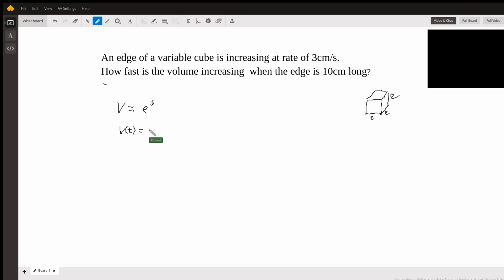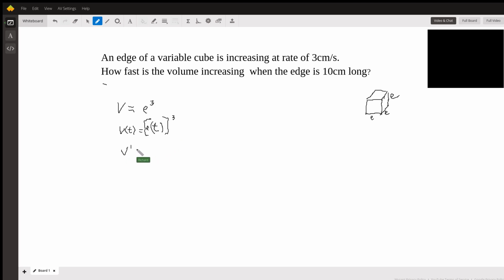So that's the key insight here. So I can write this E of t quantity cubed if I wanted to, just so that you could see this is a function of time.